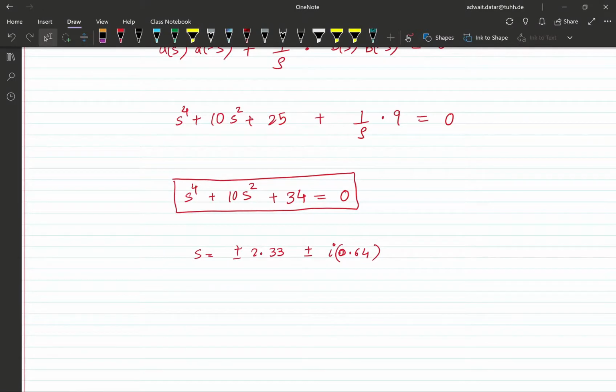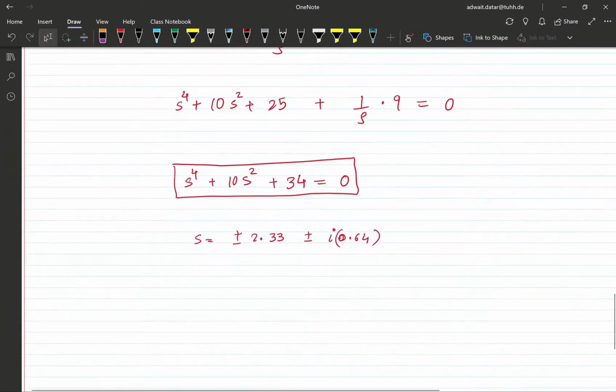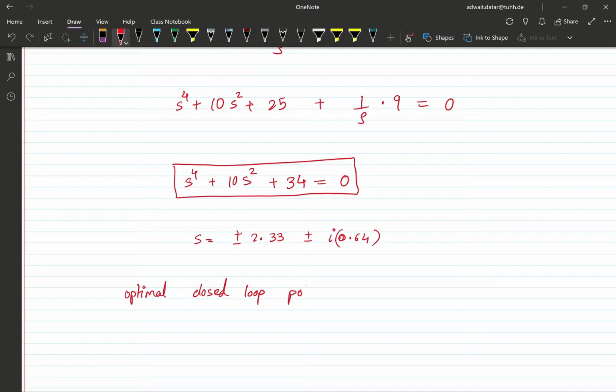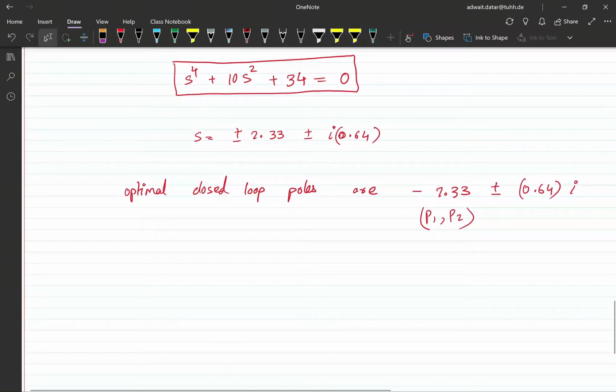And we know that the stable roots of the Hamiltonian are the optimal closed loop pole locations, and therefore the optimal closed loop poles are minus 2.33 plus minus 0.64 i. Now let's call them P1 and P2 for simplicity, because now we need to calculate the gains.